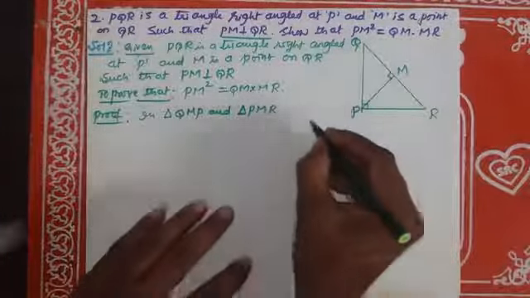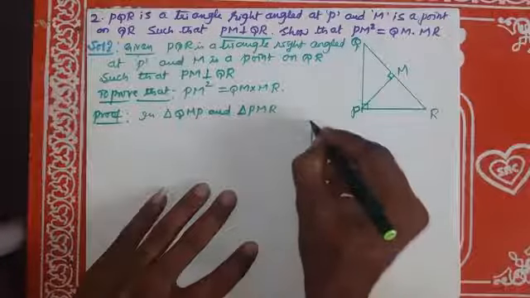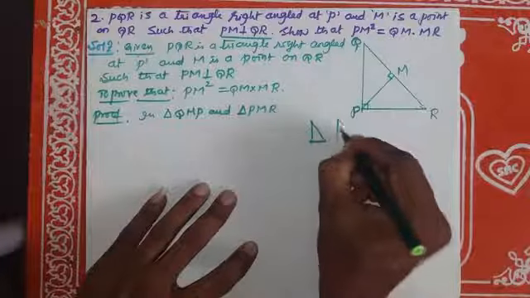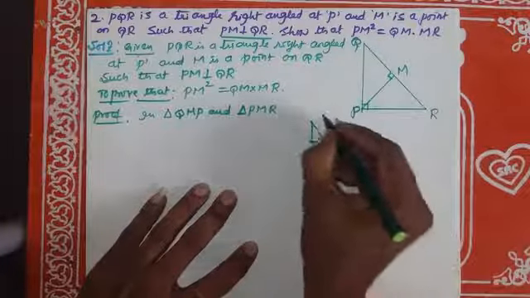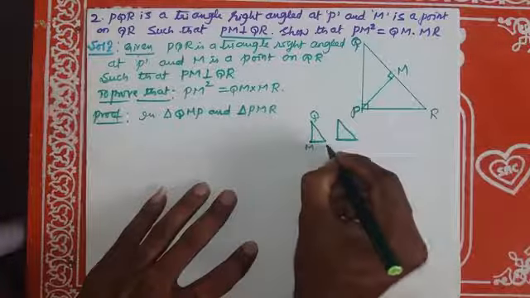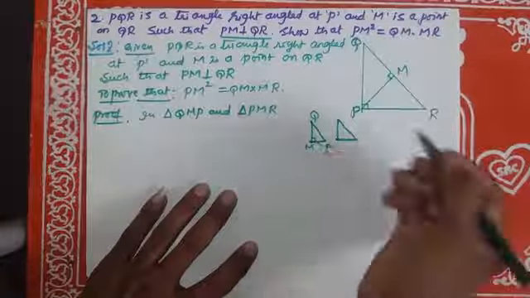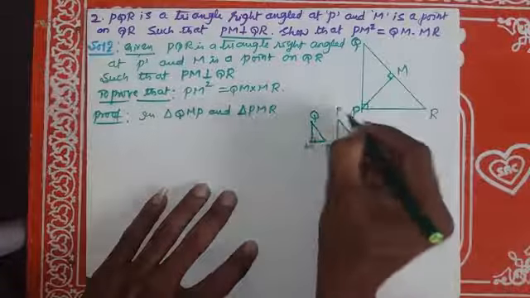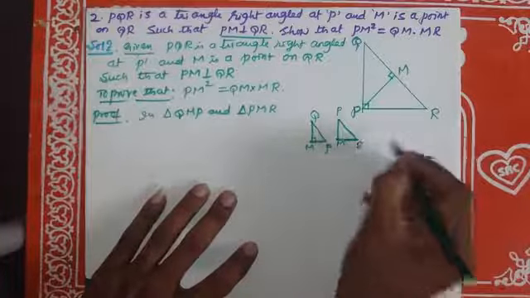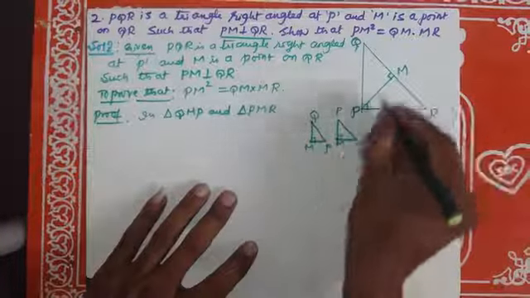Okay. I will make separate right angle triangles. This is QMP. See, QMP, right angled at M, right? Next, PMR, right angled at M, PMR.